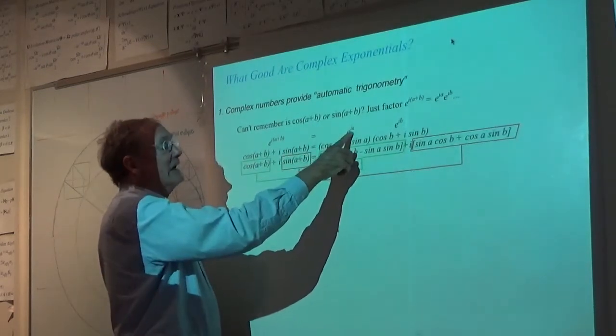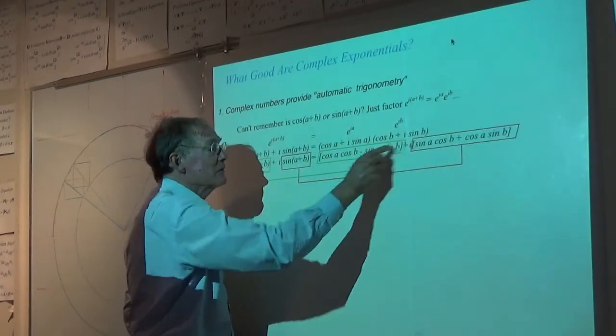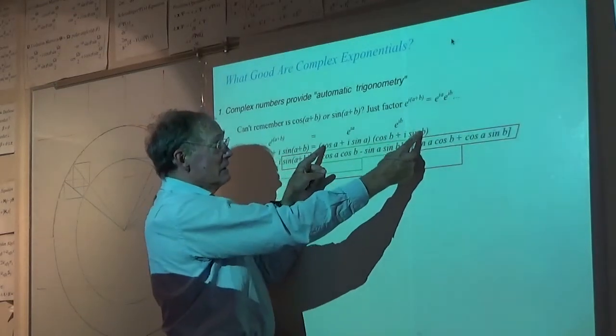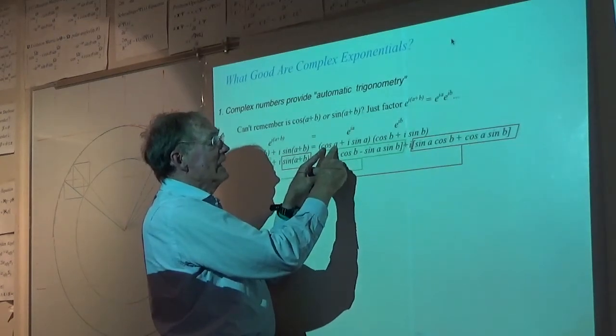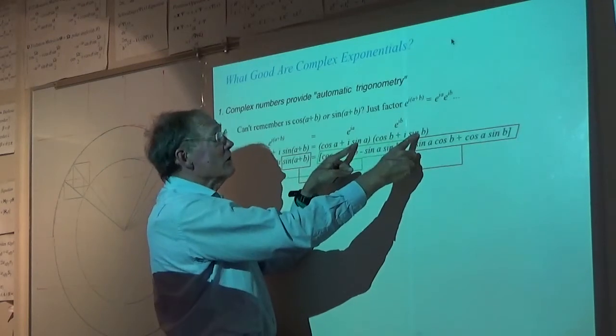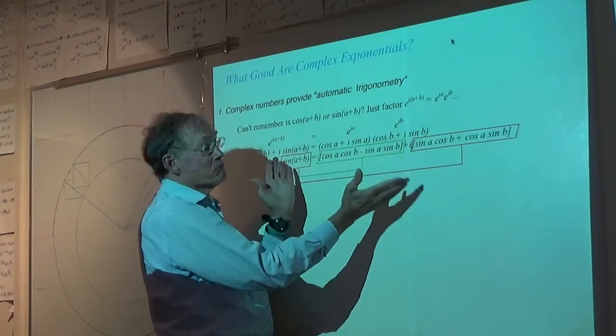There's e to the iA, cosine A plus i sine A, times e to the iB, cosine B plus i sine B, and so on, right? And put together the two that are real, that is cosine A cosine B, and then sine A and sine B, that's also real, but with a minus sign. Great.